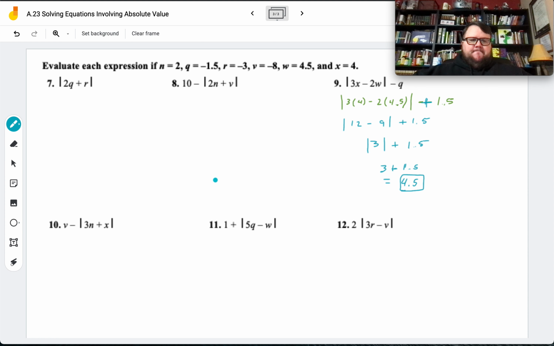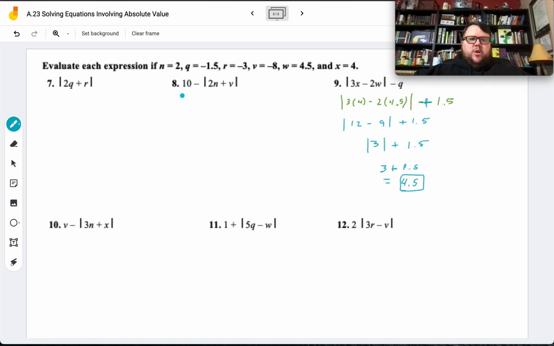That looks good. For number 12, you would evaluate the inside, evaluate the absolute value, and then multiply by 2 at the end. Don't distribute the 2 in. You multiply by 2 at the end.